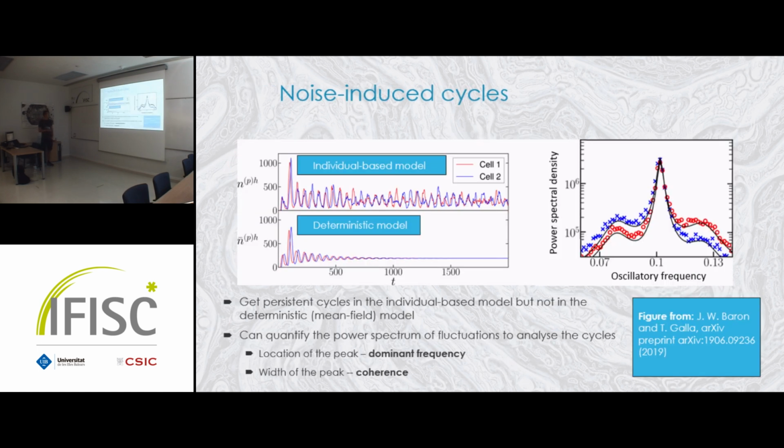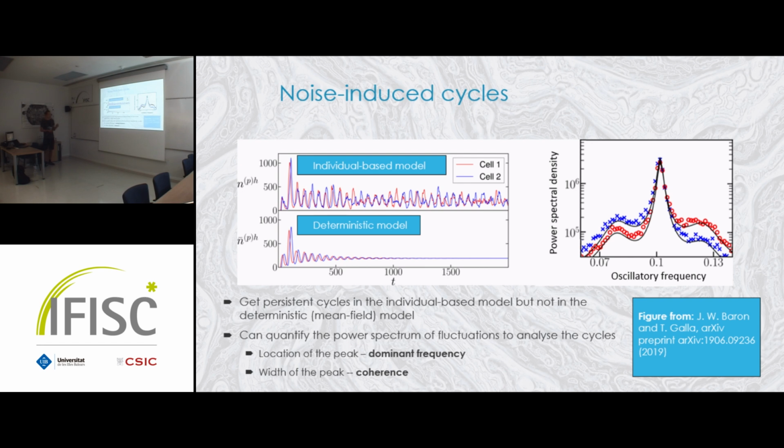We find that for certain biologically reasonable parameter sets, the deterministic model, which is the mean field equations ignoring all intrinsic noise, will exhibit transient oscillations decaying to a fixed point. But if we include the intrinsic noise in our individual-based model, we get persistent noisy cycles.